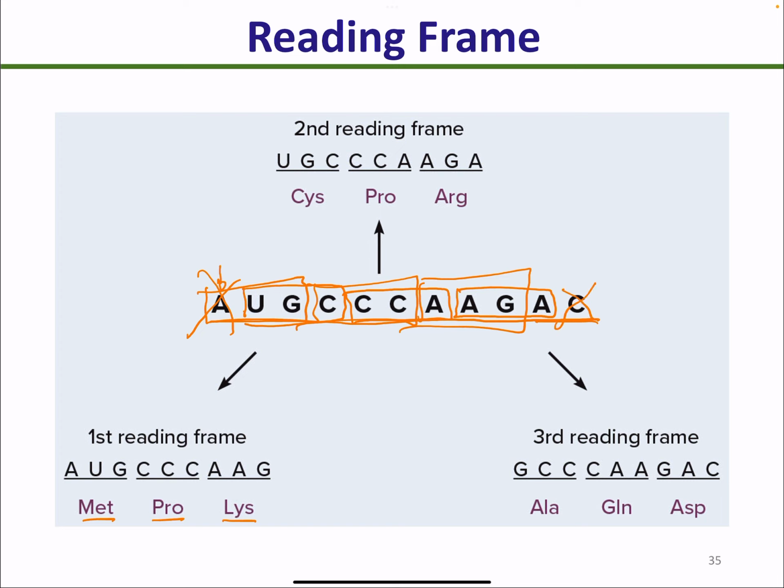This last C doesn't account for any amino acid. With that, UGC is cysteine, CCA is proline, AGA is arginine. That's the second possibility of reading frame.